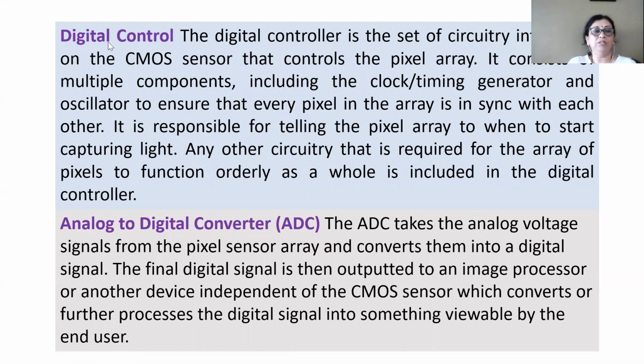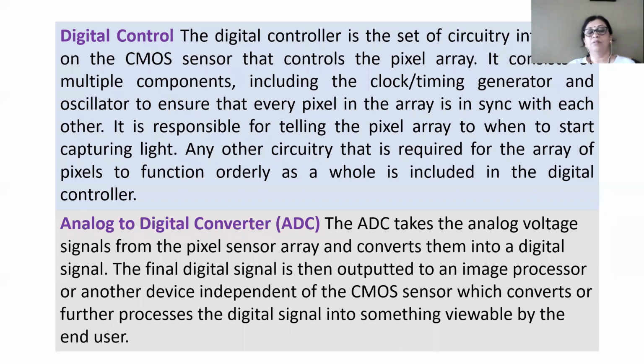Now let us come to the digital control. The digital controller is a set of circuitry which is integrated into the CMOS sensor. It controls the pixel array, because there must be a clock generator or oscillator within itself to shift the different voltages horizontally and vertically, and this whole process must happen in synchronization.